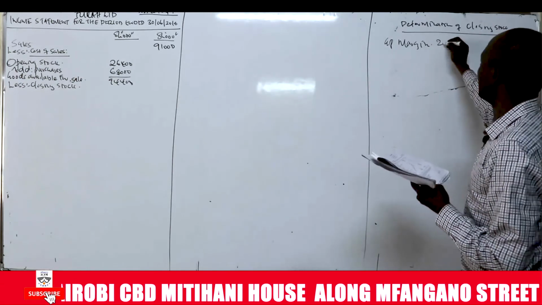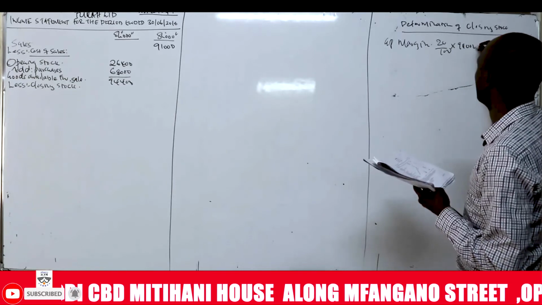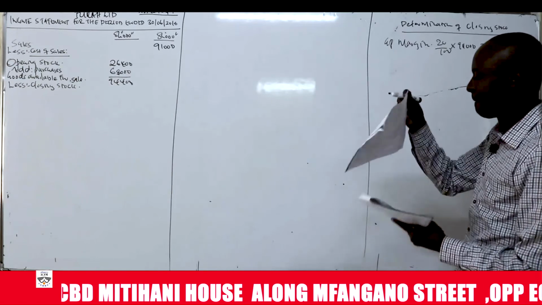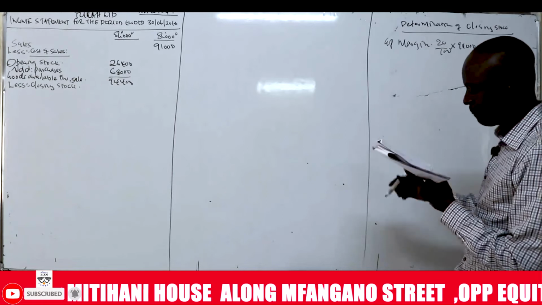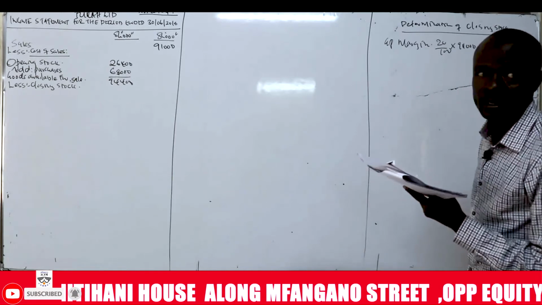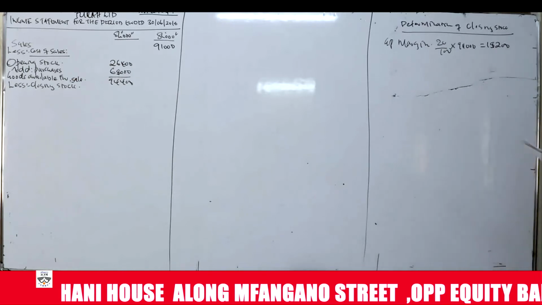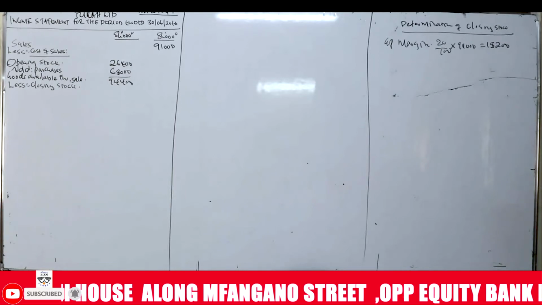So 20 out of 100 times 91,000. How much is that? 18,200. Everybody got that? 18,200, isn't it?